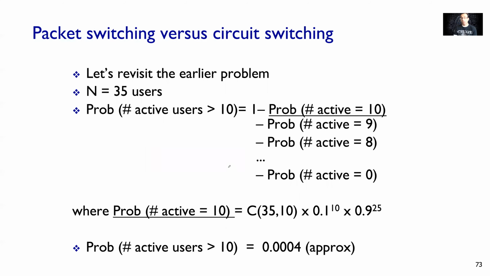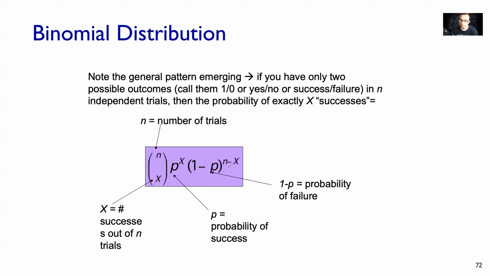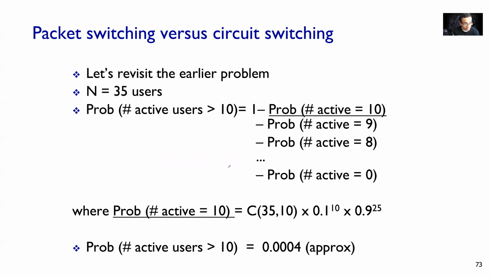Now you can use this to solve that particular problem. Remember earlier I said we are trying to figure out a value of n such that the probability of the number of active users being greater than 10 should ideally be 0. Ideally, we never want more than 10 users to be active at exactly the same time.